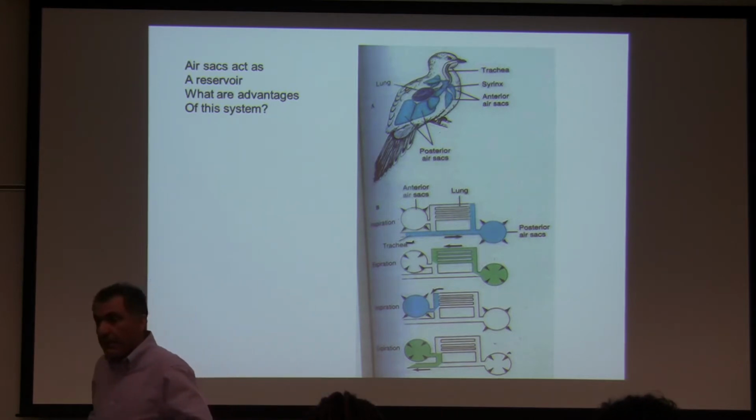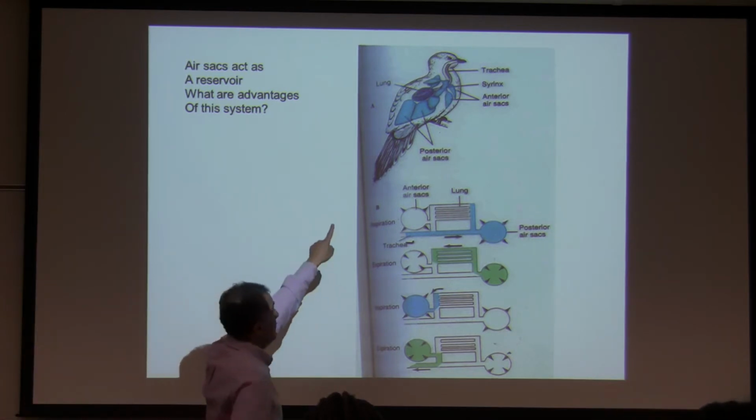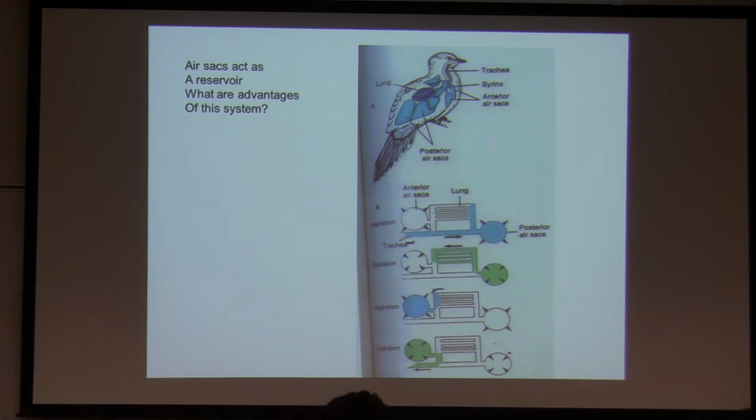And so the animal can fly because of the feather, because of the abundance of air sacs in the animal. The air sacs act as a reservoir. What are the advantages of this type? Makes the animals more buoyant.